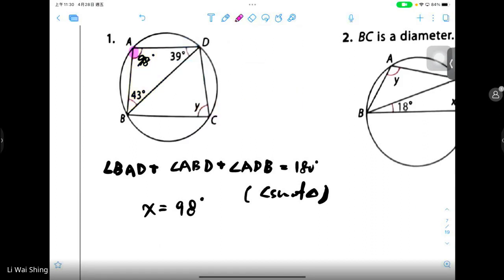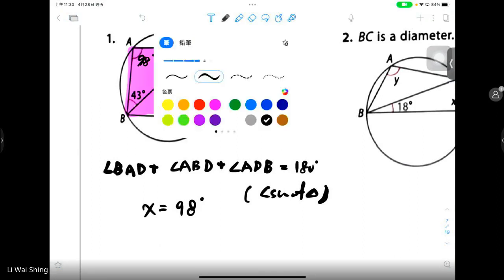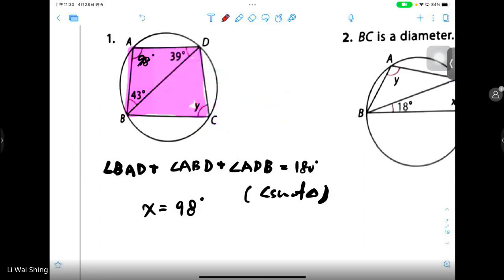嗱，留意一樣嘢，題目會唔會同你講 there is a cyclic quadrilateral啊？冇同你講嘅喎。So keep in mind, if you want to use it, the question may not tell you ABCD is a cyclic quadrilateral.